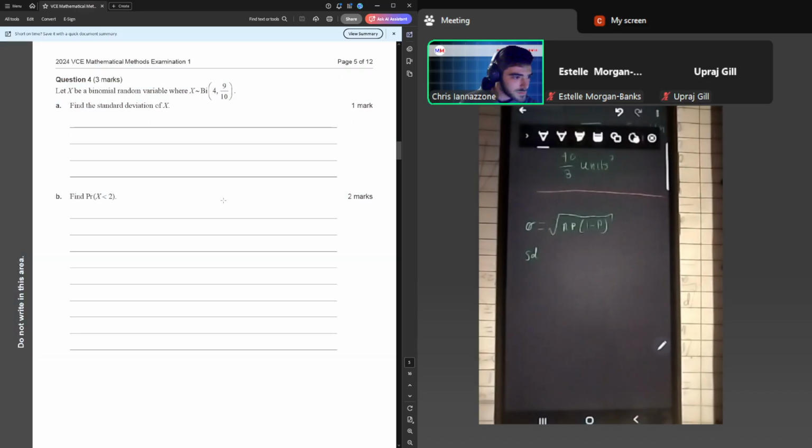Next up, find probability of x being less than 2. We don't need part A's answer for that, so unless anyone wants to see it, I'll leave that there. Part B, probability x less than 2. What's that all about?